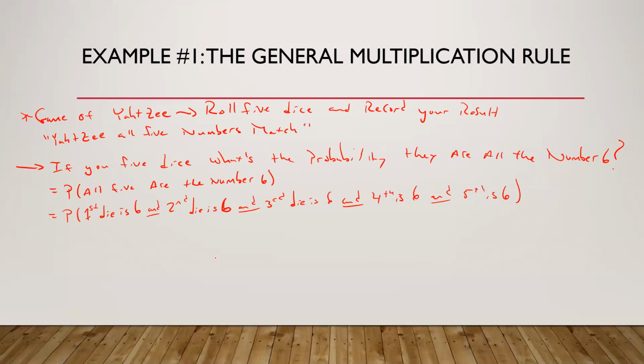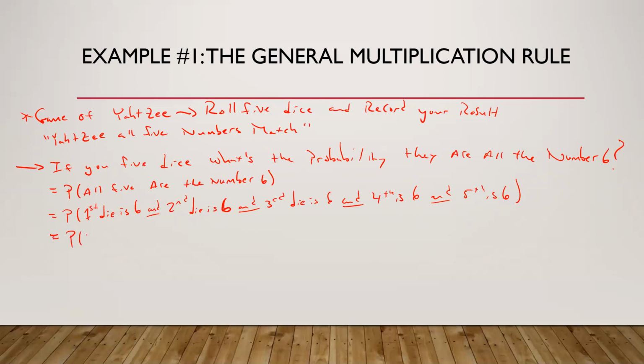Multiplication, right? So next you have to ask yourself, are these independent events? If I roll a 6 on the first die, does that change or affect the probability I roll a 6 on the second die? No. And obviously you don't want to get too meta on this problem and say, if you throw them in your hand and they bump into each other, they affect each other. There's just no way to account for that. So they're definitely independent, and you're just going to multiply.